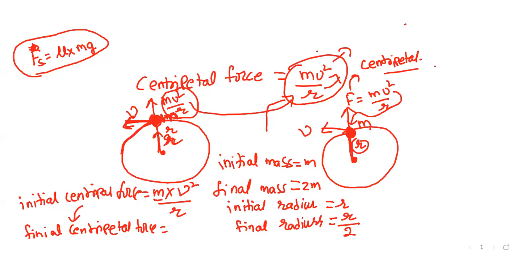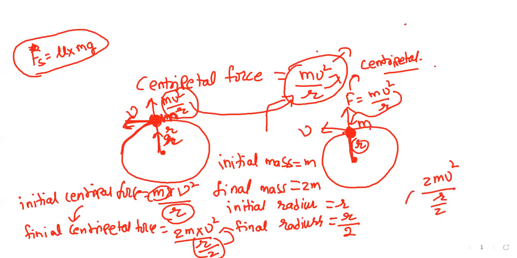We just need to substitute the final mass and final radius of the given object. Okay, it'll be 2m times v squared over r upon 2, right? Yeah. So this would turn out to be 2mv square upon r upon 2. This is just nothing but 4mv square upon r.